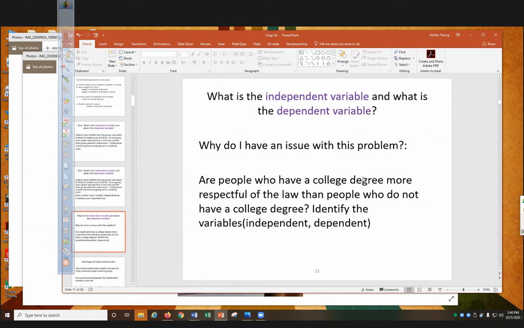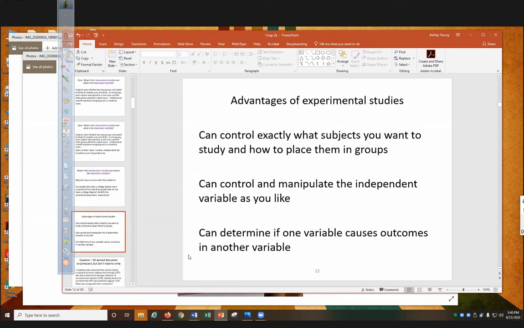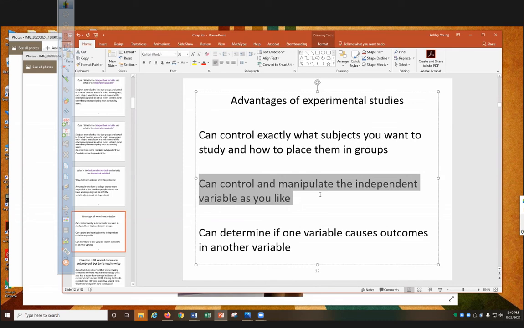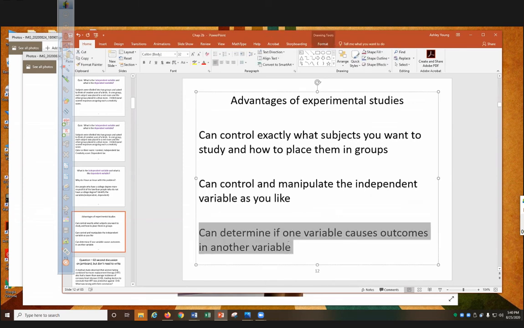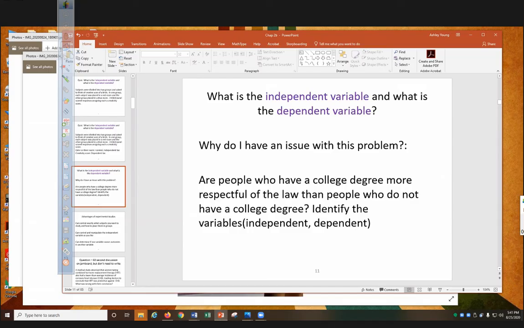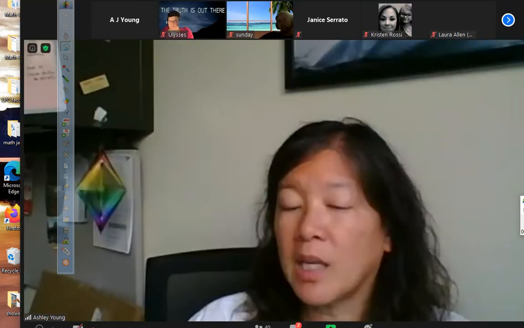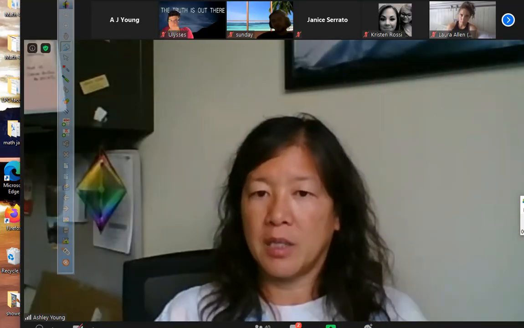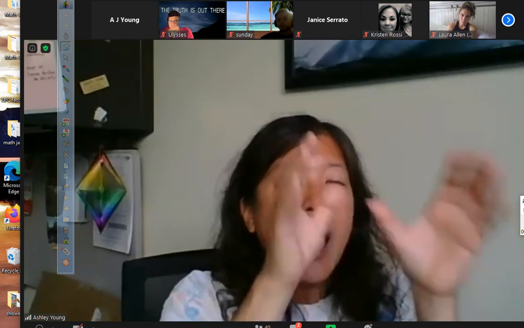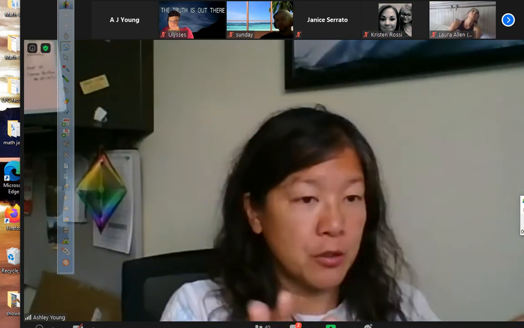So the only way you can do that is if I have an experiment. If I can control exactly whether people go to college or don't. And that's the only time I can determine if one variable influences another one. So in other words, if I said, I'm splitting you guys into groups. This half, you guys have to get a college degree. You don't have a choice, no choice at all.